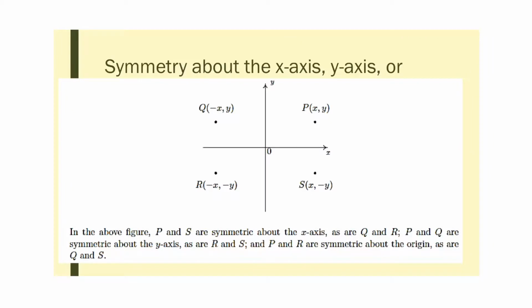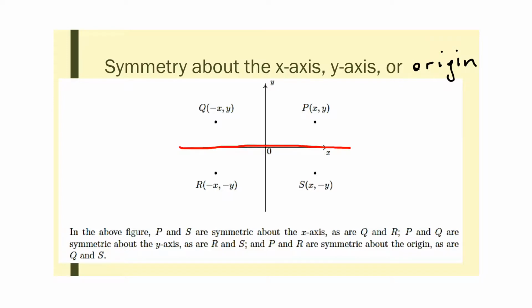Okay, next, symmetry about either the x-axis, the y-axis, or the origin; this is supposed to say origin here, it got cut out somehow. So we're talking about symmetry about the x-axis, symmetry about this line here.